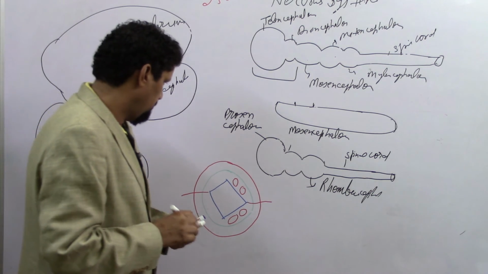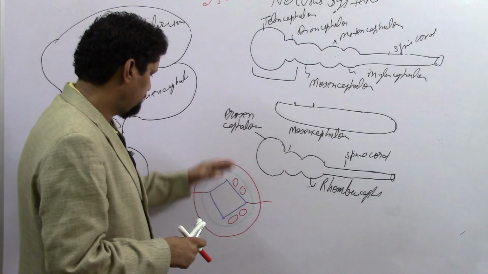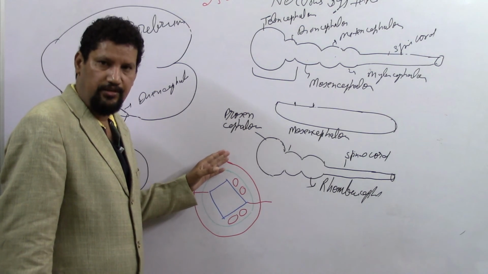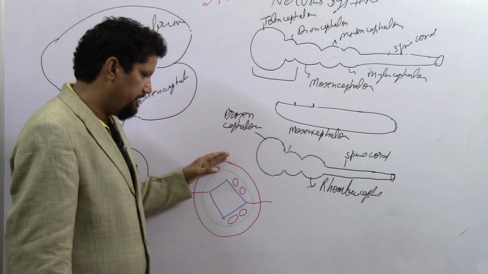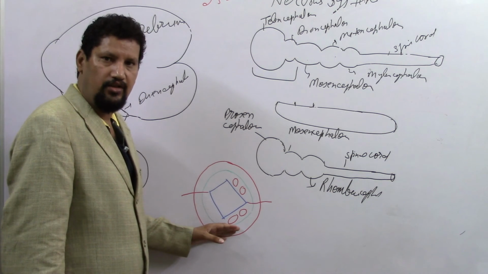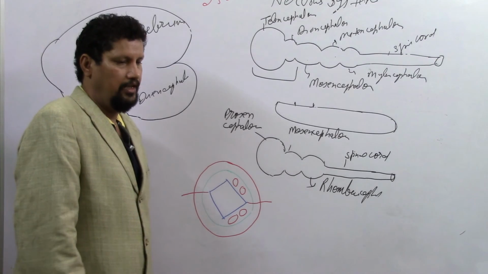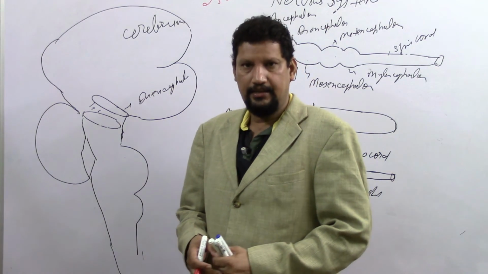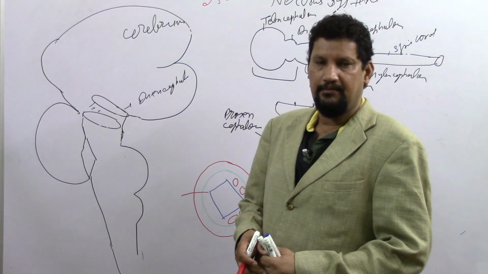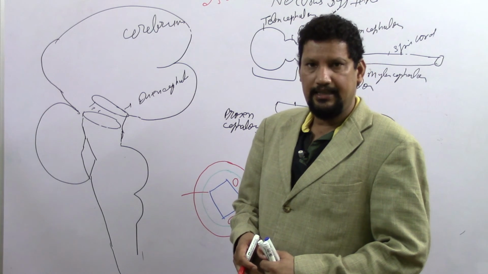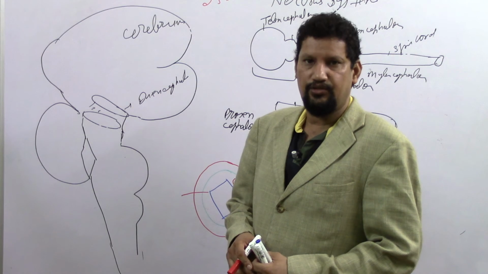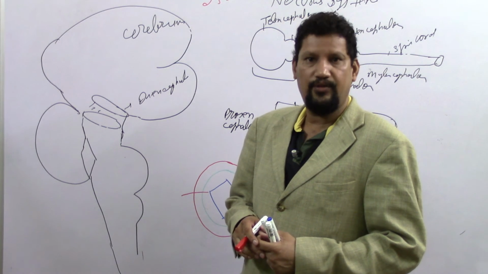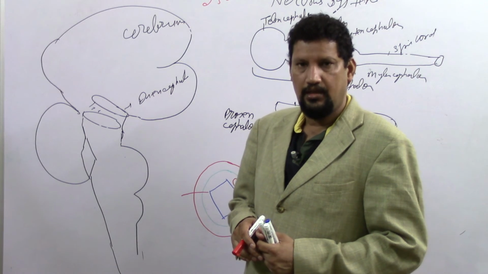So this is the dorsal part, this is the ventral part, this part of the developing neural tube is known as the roof plate, and this part is known as the floor plate. The roof plate has the alar lamina and the floor plate has the basal lamina. The alar lamina will form the sensory neurons and the basal or ventral lamina will form the motor neurons.